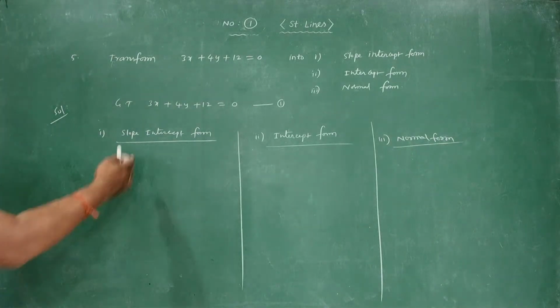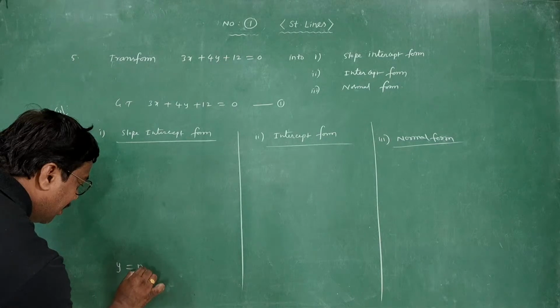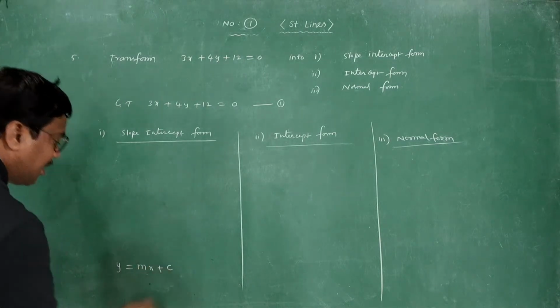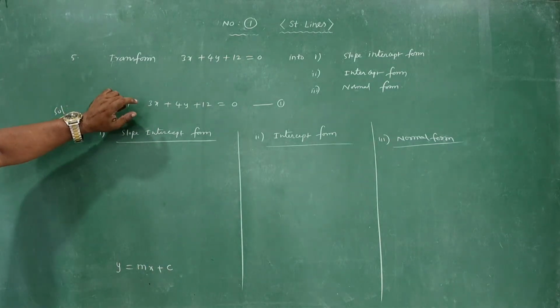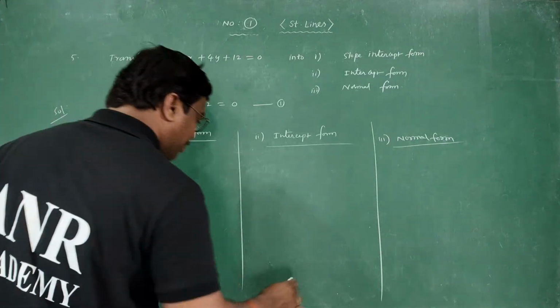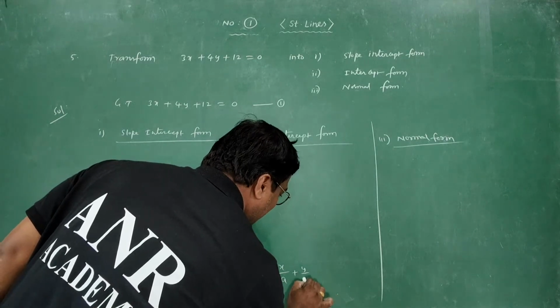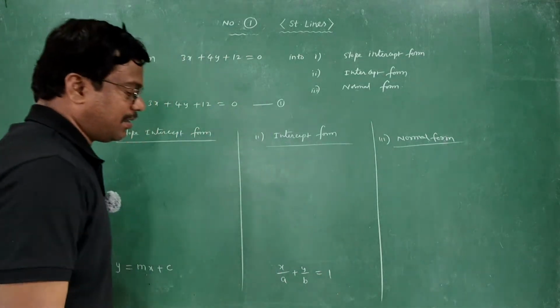Yes, we know that slope intercept form is usually y equal to mx plus c. So you have to transform this into this form. Next, intercept form: x by a plus y by b equal to 1.